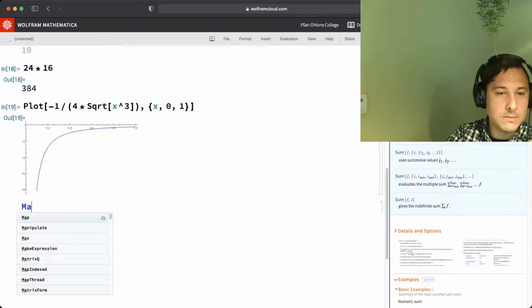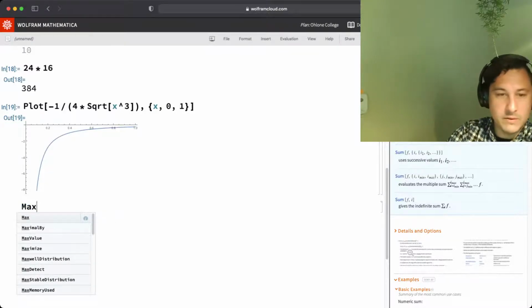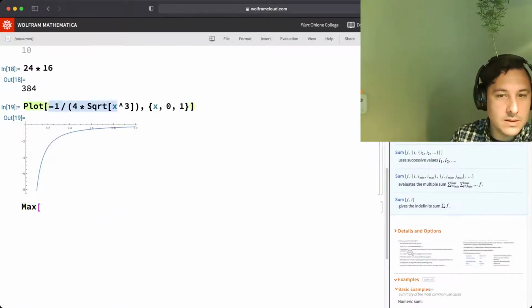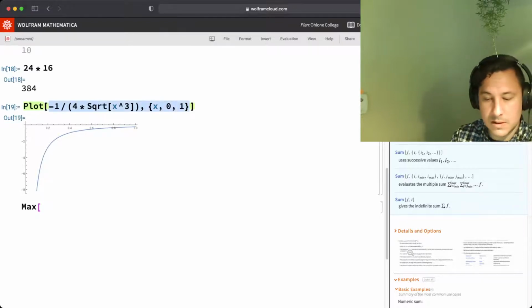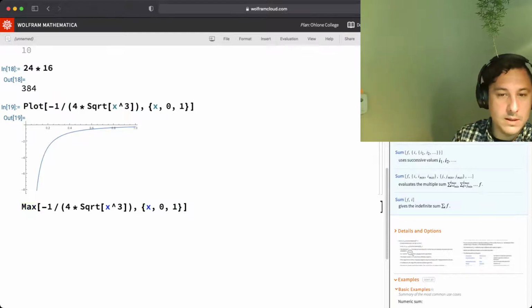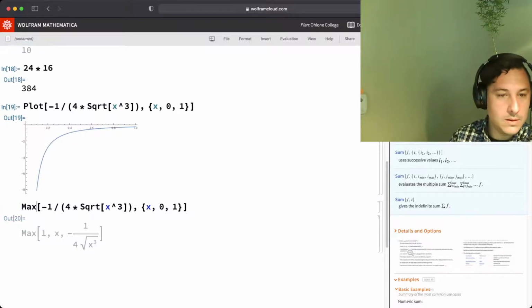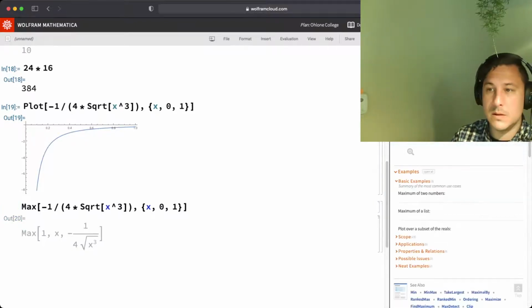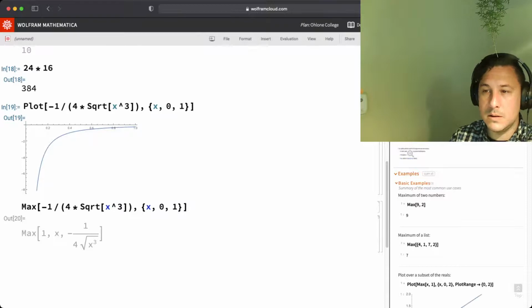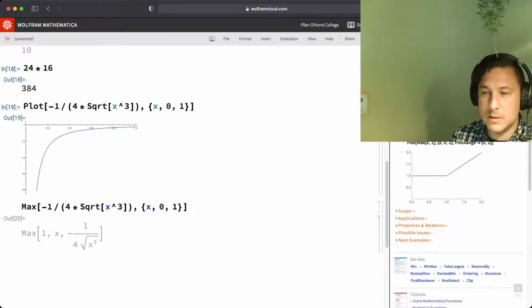Let's have Wolfram find the maximum for us. Oh, okay, that's not working. You can't do that.